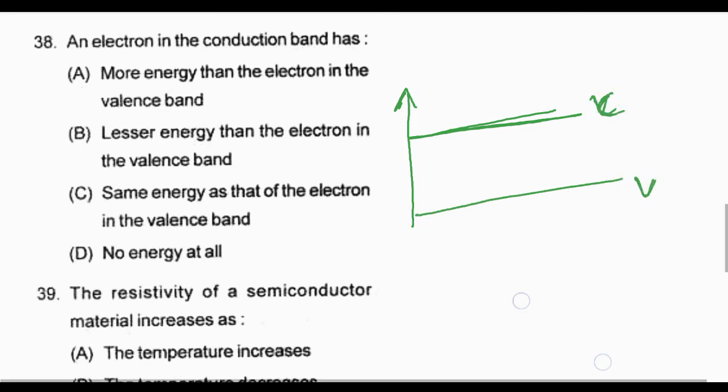So the electron in the conduction band will always have more energy than electrons in the valence band, because these are in the higher energy level. So option A here is the correct answer.